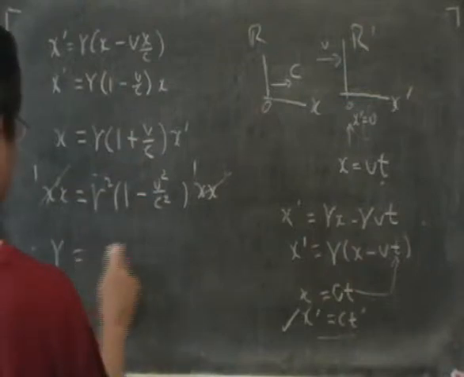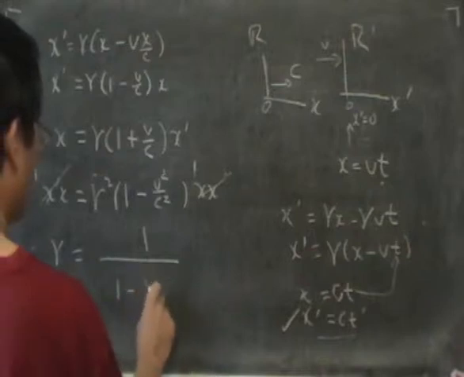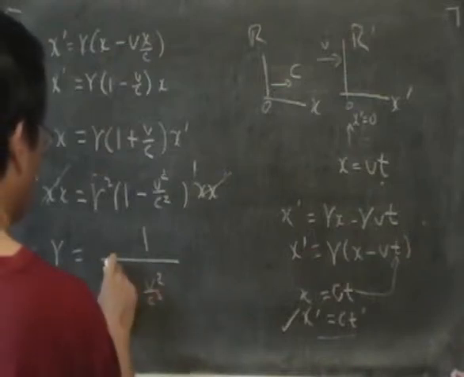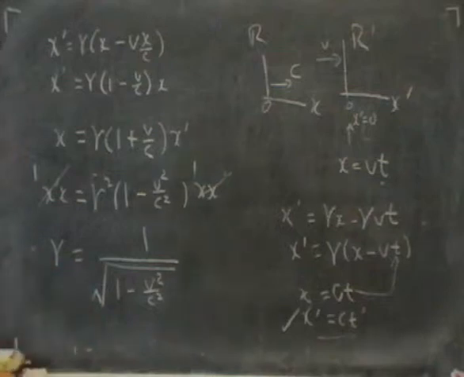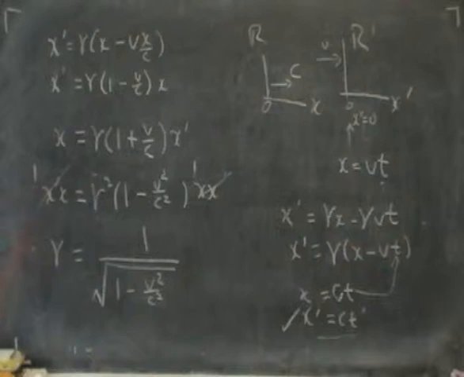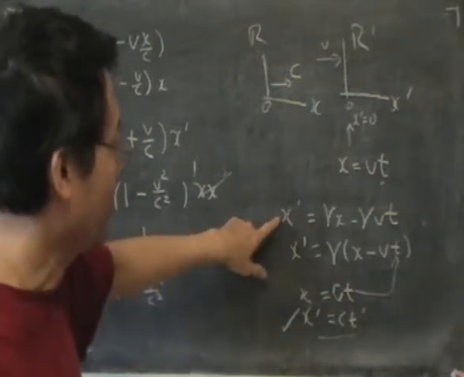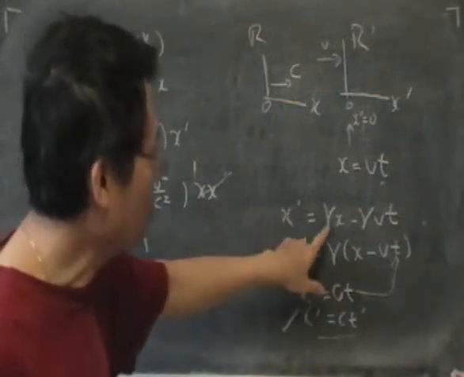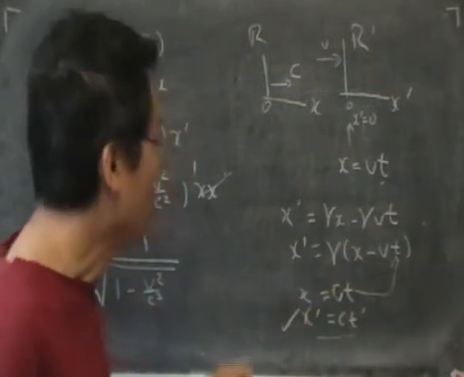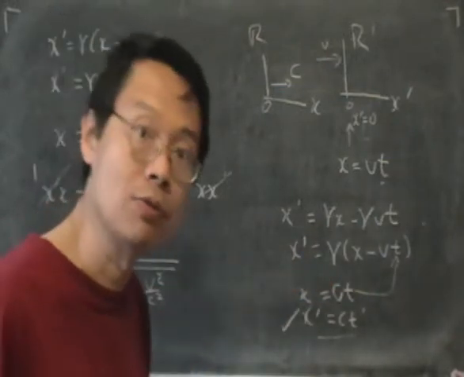So gamma becomes equal to 1 over, bring this over to the other side and take the square root. We have the familiar Lorentz factor. So we have one expression here for gamma. Now if we look back at this first equation for x prime, you see that we have solved for gamma, and that means that we have the two constants that we need for that first equation.